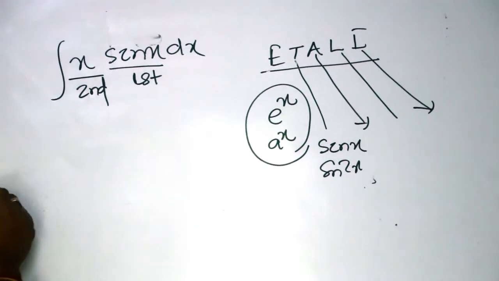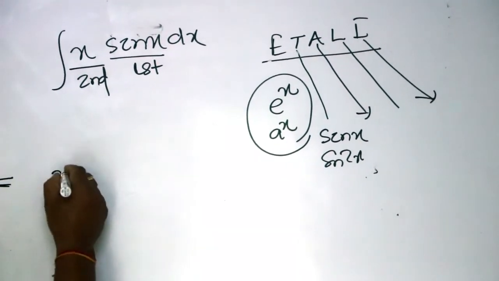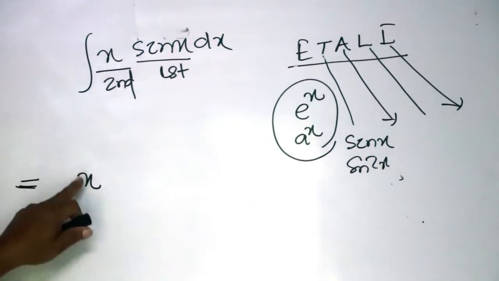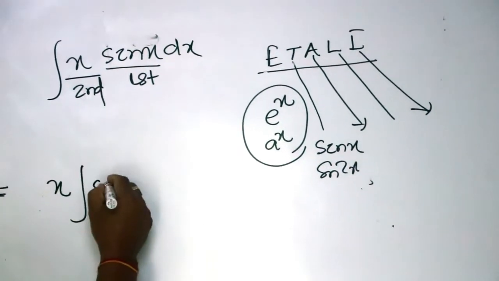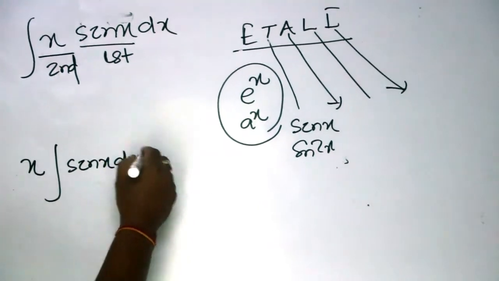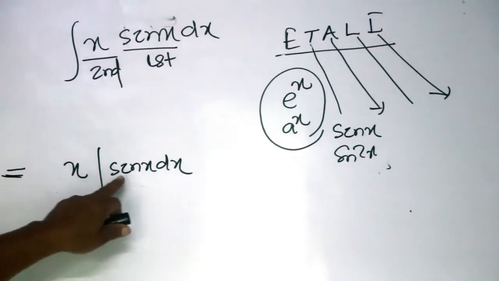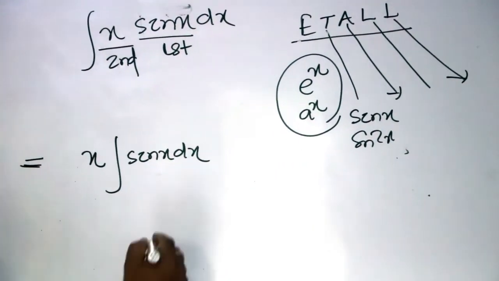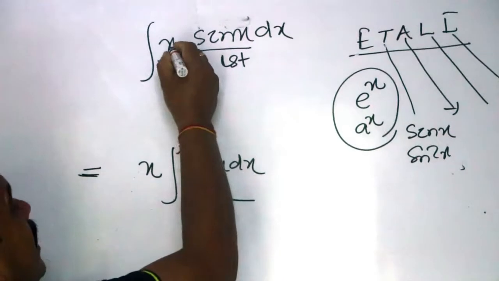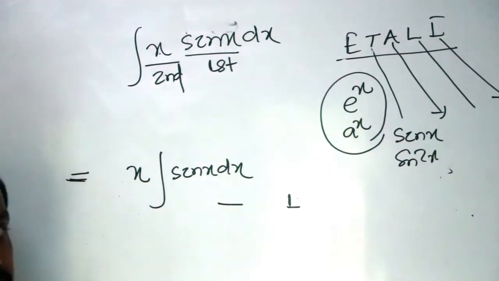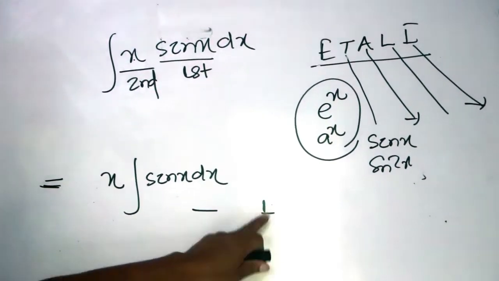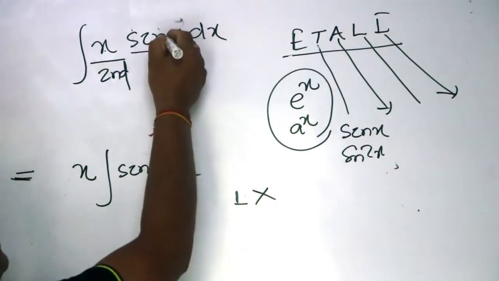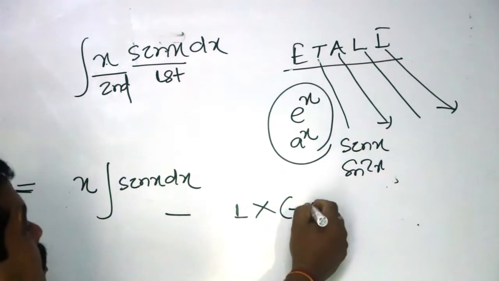The rule says that keeping the second function, x, fixed, integrate the first function, that is sin x dx. That is, x into the integration of sin x, minus the derivative of the second function, that is 1, into the integration of the first function, that is minus cos x, and integrate again with respect to x.